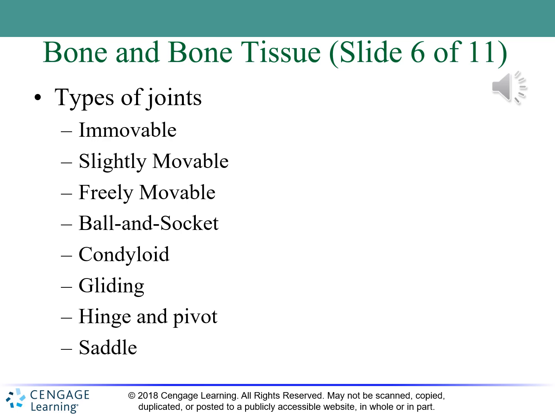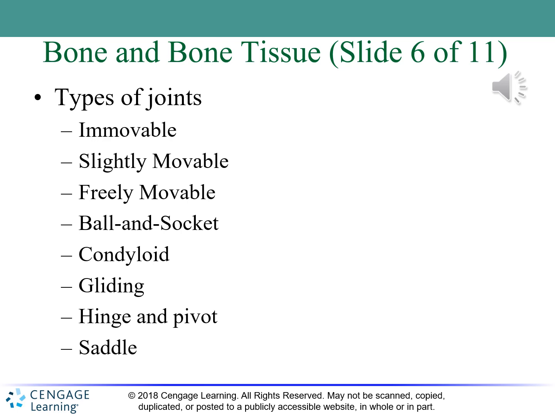Right there on page 892, the second sentence in the second paragraph: the joint surfaces are covered by a cartilage called the articular cartilage because that means it's in the joint. So anything articular is in the joint.